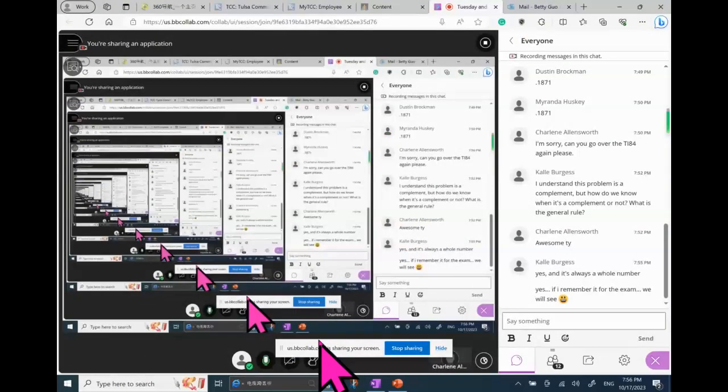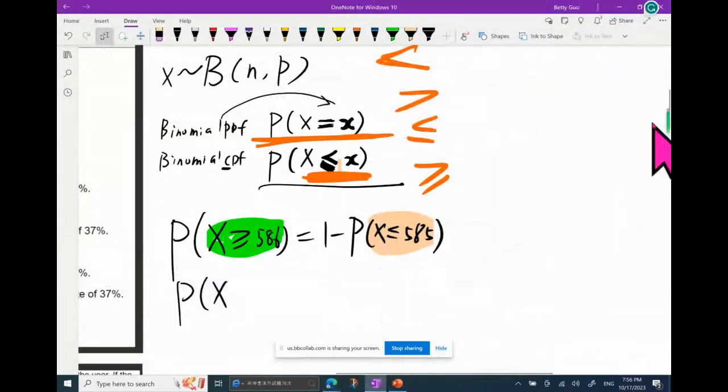That takes algebra. If I remember it for the exam, we will see. Yeah, this part is tricky because it does use algebra.